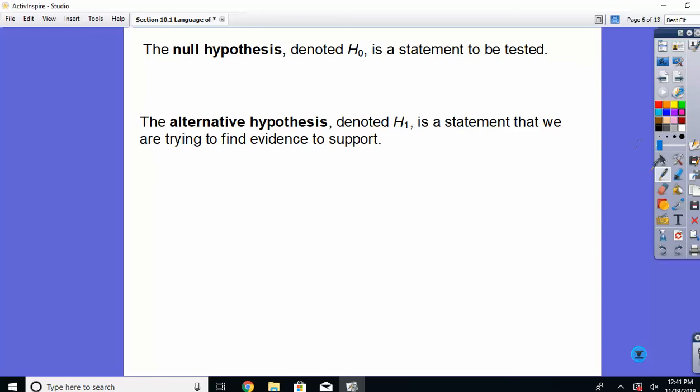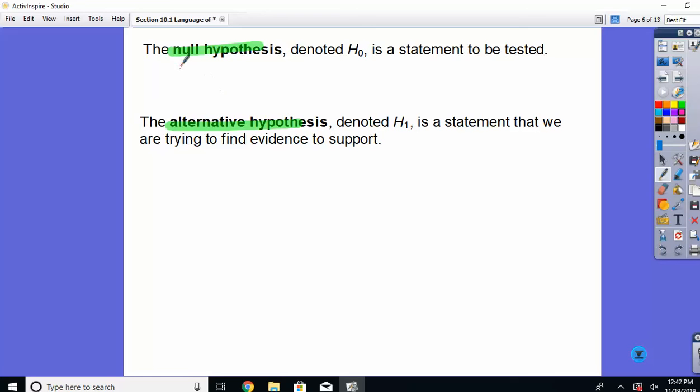The big terms that are important for you, so these are the key things. The null hypothesis, that's H sub 0. That is the statement to be tested. The alternative hypothesis is your H sub 1, and that's what we are trying to find evidence to support.